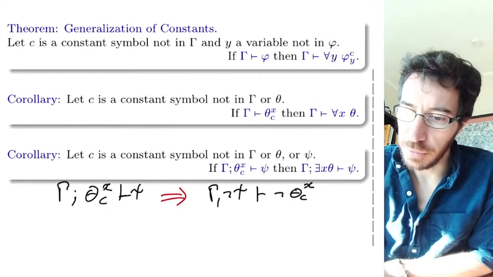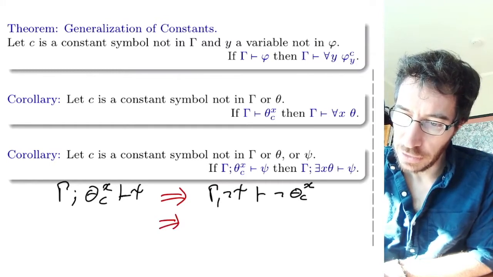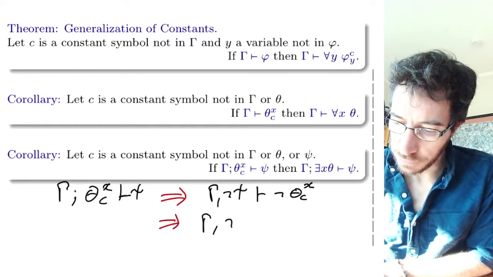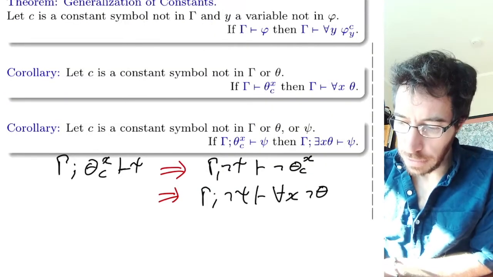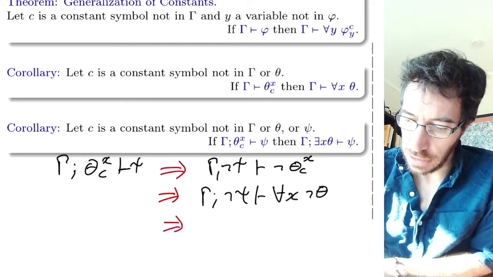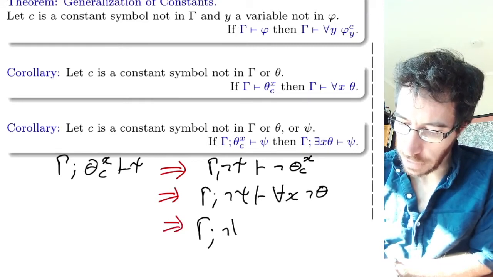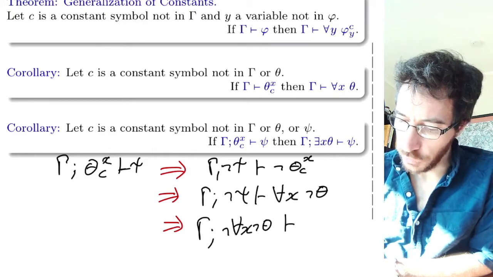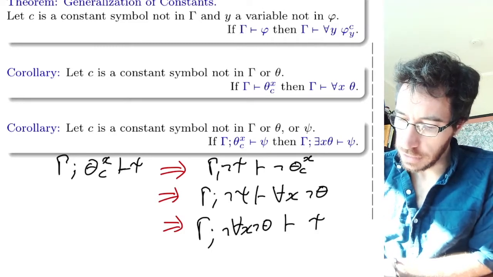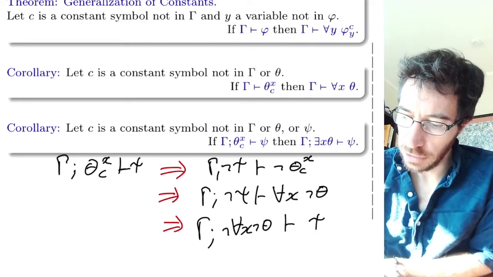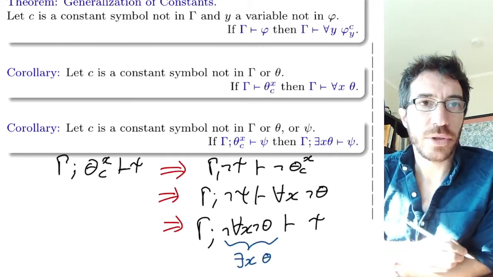Then by application of our previous corollary, we get gamma together with not psi proves for every x not theta, which by contrapositive again gives gamma together with the negation of for every x not theta proves psi. Notice that the negation of for every x not theta is exactly there exists x theta, which is what we want.